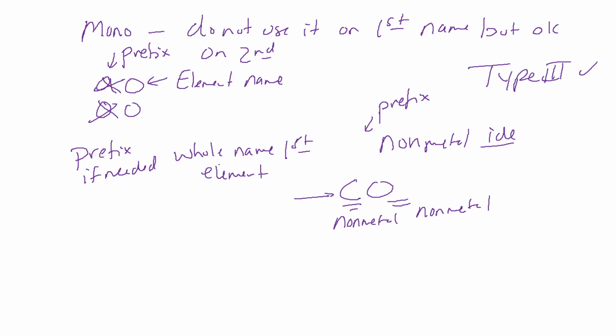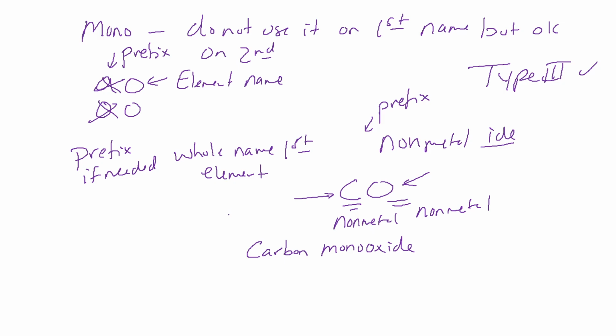So 1 carbon means mono. We do not use mono on the first name, so instead we just use the element name. 1 oxygen, also mono. We can use it on the second name, so that is mono. The element gets the IDE treatment, and we end up with something like carbon monoxide.